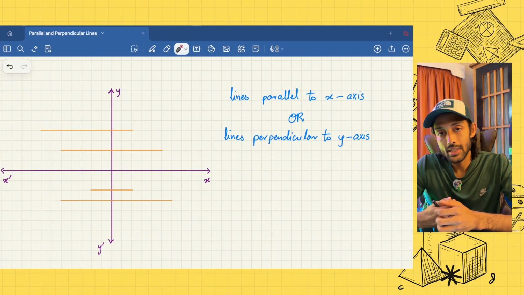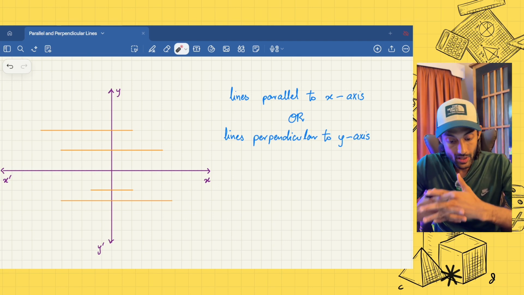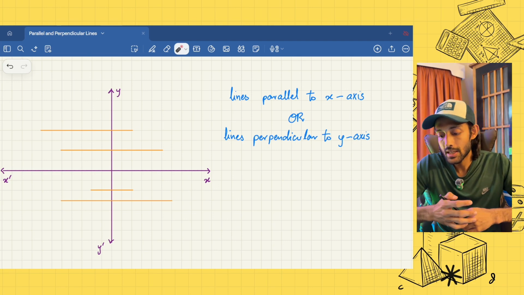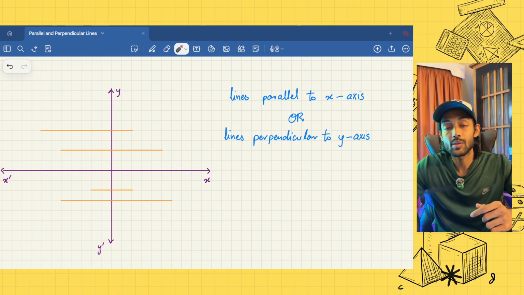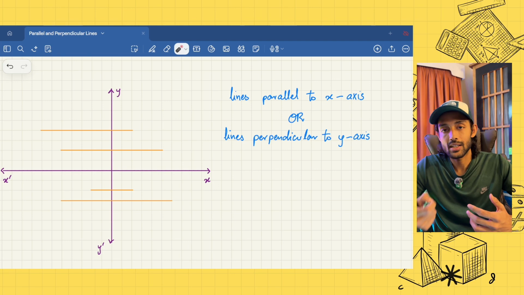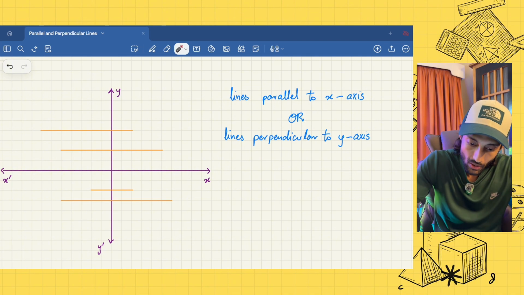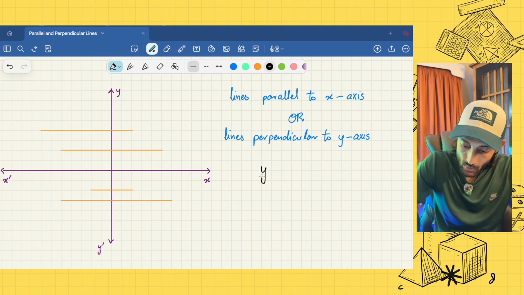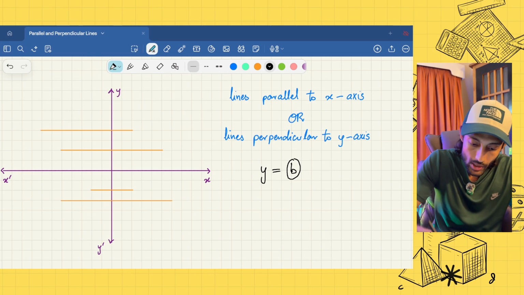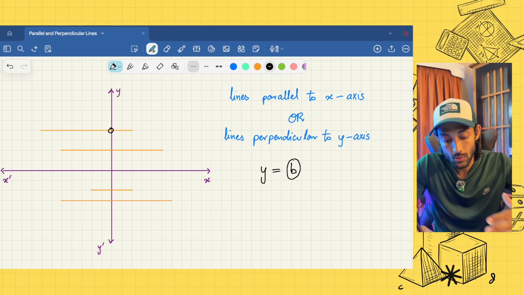Now, how to find out the equation of these lines? The idea remains the same. Because these lines are parallel to the x-axis, these lines are perfectly horizontal. So obviously, if a line is perfectly horizontal, it will cross the y-axis at a certain point. That's the reason the equation of these lines will be y equal to some value. And this some value will be the point at which these lines are basically crossing the y-axis.